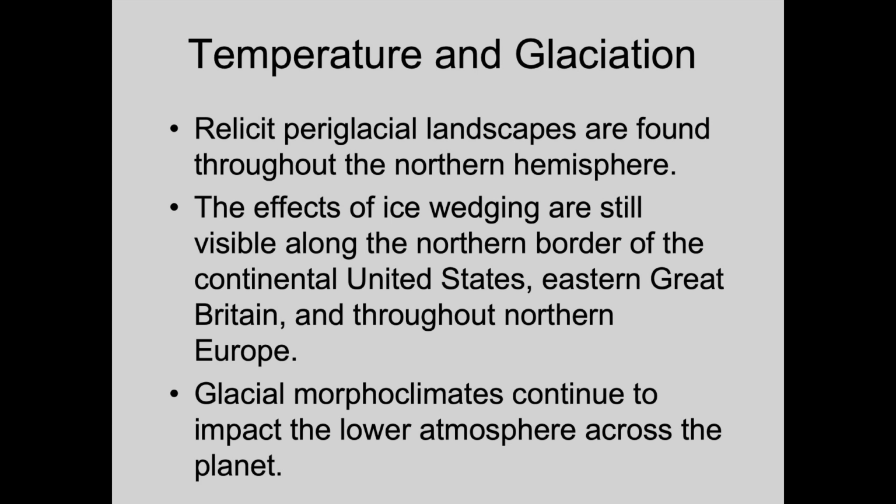We see the effects of ice wedging, especially in the northern border of the continental United States, its border with, in this case, modern Canada, and then also throughout Great Britain, especially along that chalk coast, and of course in northern Europe as well.